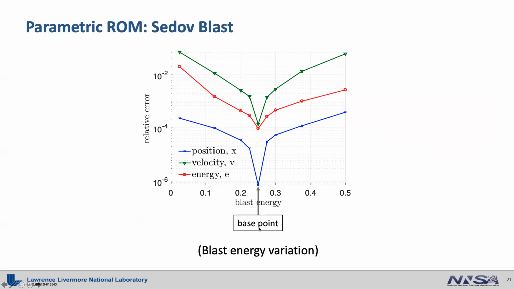That is the blast energy of 0.25. Then away from that point, the accuracy deteriorates, as shown in this graph. This tells us that each reduced order model, the local reduced order model, has some trust region. For example, if you are okay with a relative error less than 1%, then the trust region of this reduced order model would be roughly from 0.1 here to 0.4 there, right?